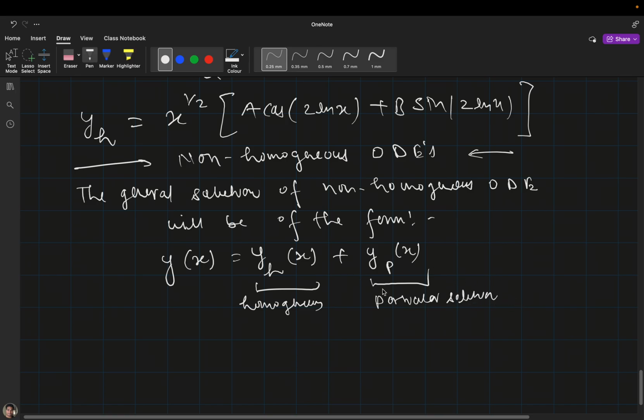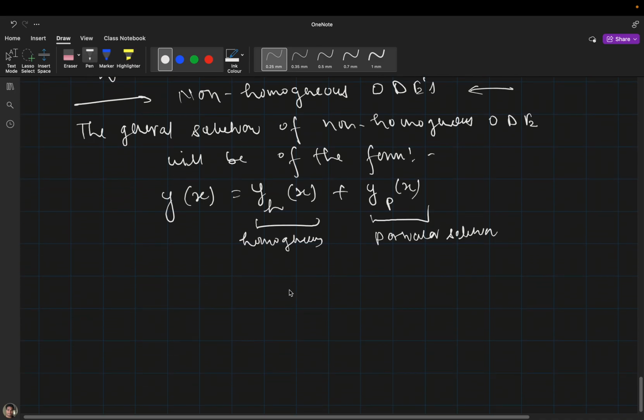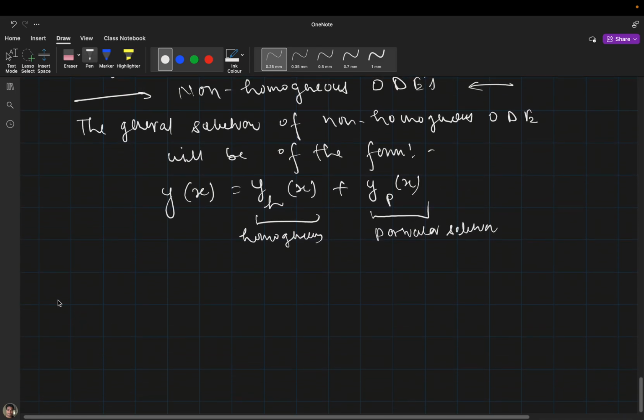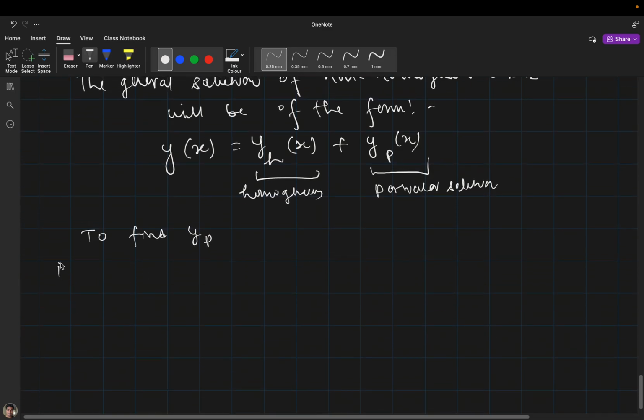This comes into the picture because of the non-homogeneity. Now the point is how we will get yp. There are many ways. The famous way to get that is the method of undetermined coefficients.